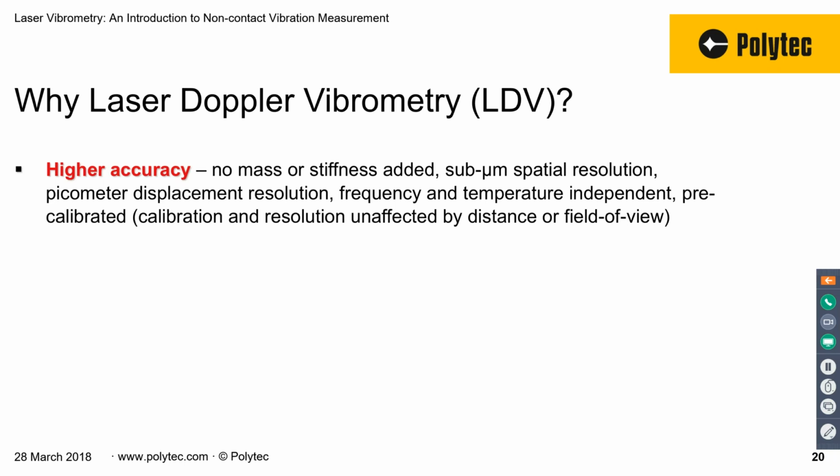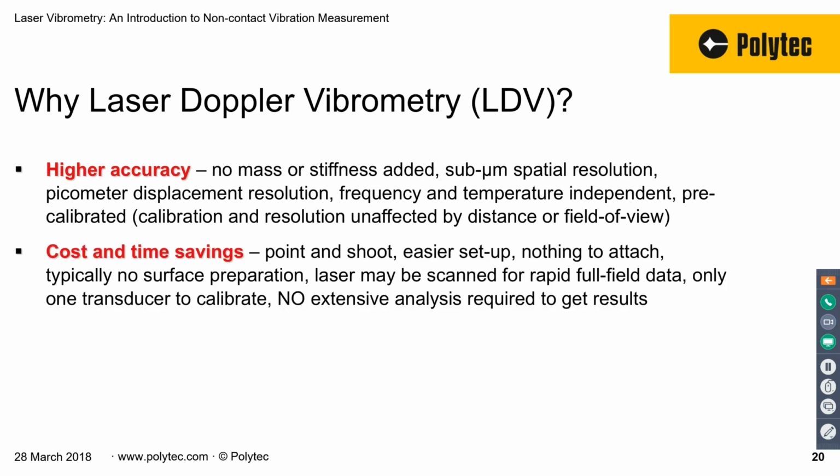They're pre-calibrated, which is also an advantage over digital image correlation. You don't have to perform a calibration, and the resolution of a laser vibrometer is unaffected by distance, and it's also unaffected by the field of view.